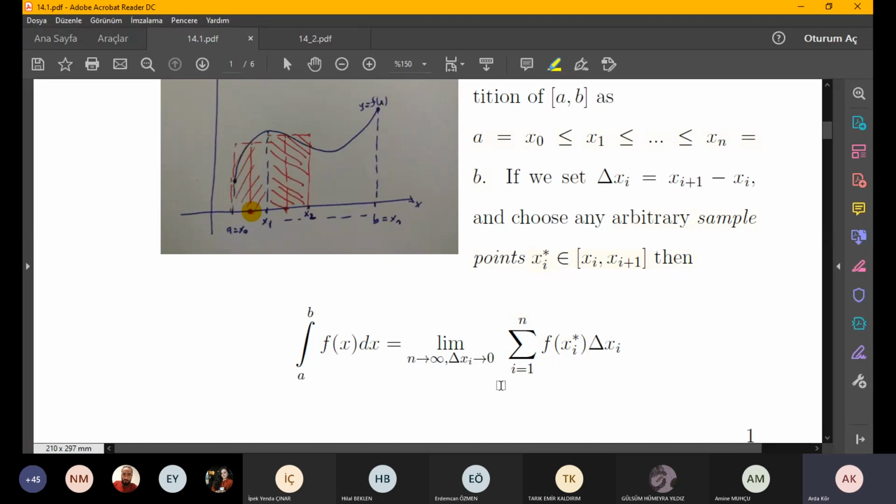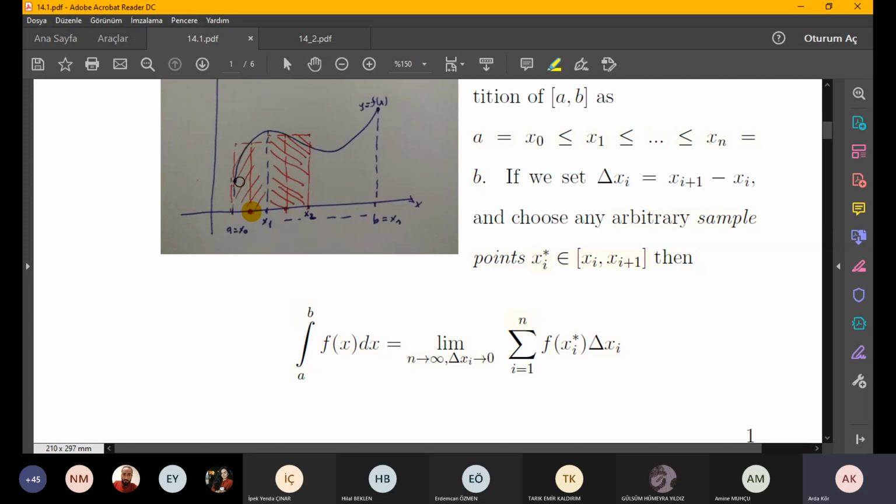we have seen in Mathematics 1 that if you take the limit when n goes to infinity, which means delta xi goes to 0, the limit for all these possibilities for Riemann sum approaches almost the same number. If you take that limit, it approaches the same number, which we call the definite integral of f(x) from a to b.